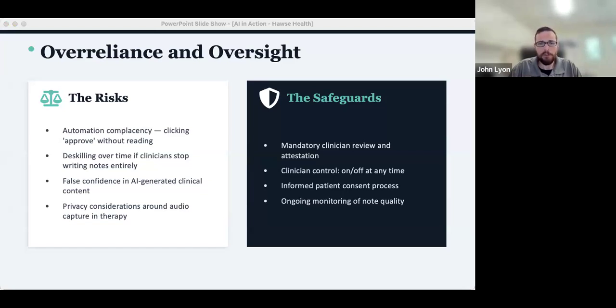So we have mandatory clinician review and attestation, informed patient consent, and we do, of course, chart reviews and audit the notes pretty consistently. That's one of the things we've used to ensure that it is accurately catching the information that we need, as far as intervention response and so forth. Next slide.